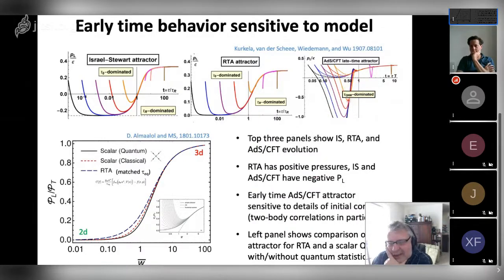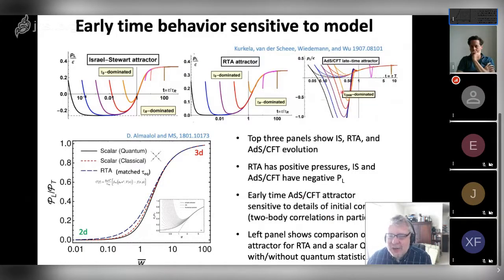Now, the difference physically here, as my understanding, is that this set of initial conditions has a large amount of two-body correlations in it. And so then the question becomes whether that amount of two-body correlations is in fact physical. Is that degree of two-body correlation really in the initial gluonic wave functions that are generated from CGC?